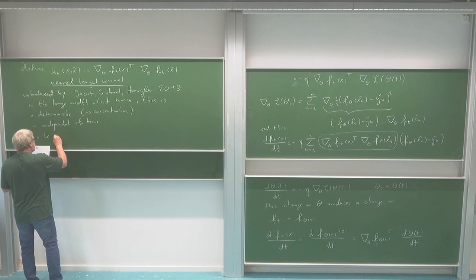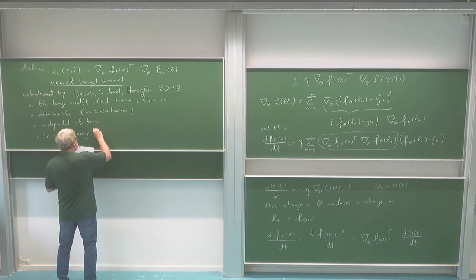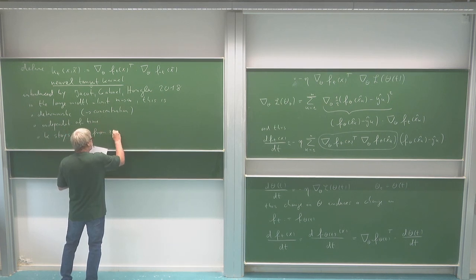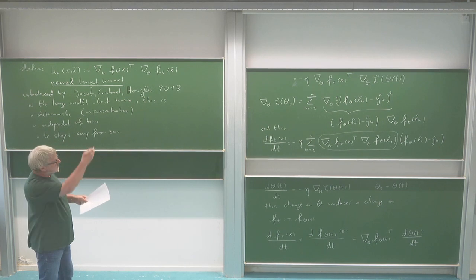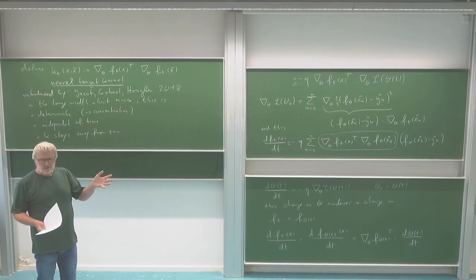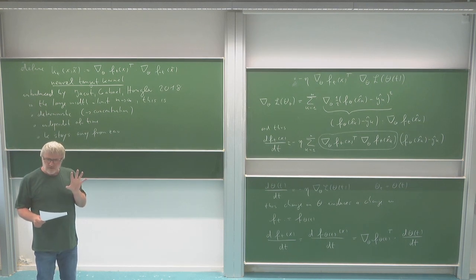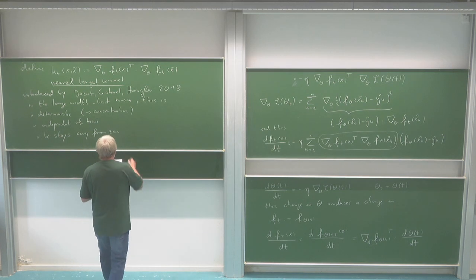So k stays away from 0. It is positive semi-definite, because it's something times its transpose, so it's a positive thing, but it could have eigenvalue 0. This usually does not happen, so it stays away from 0.